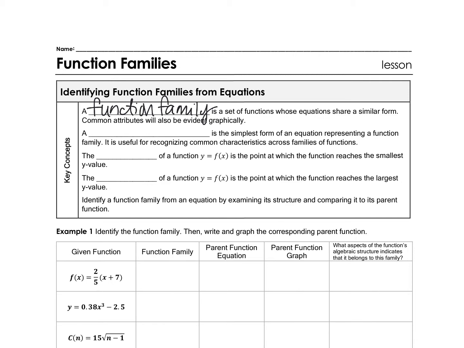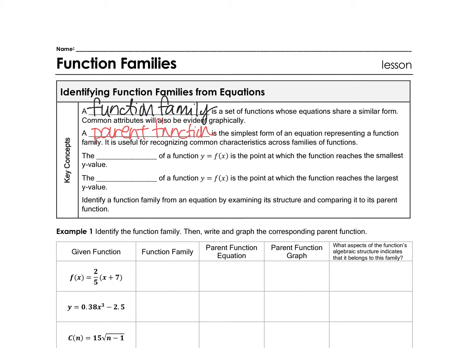The next part says a blank is the simplest form of an equation representing a function family. If it represents the function family, that is the parent function. The parent function represents all of those graphs or equations that are a part of that function.